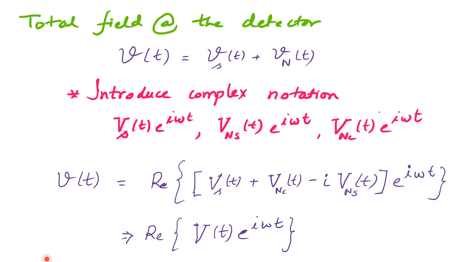Even though my signal and my noise, everything that I detect on the detector, is real, I introduce this complex notation only as a mathematical ease. One can do the whole analysis considering everything being real, but there is a certain ease with which one can accomplish multiple tasks and multiple ways of looking at the signal and noise using the complex notation. You will see the benefit of it as we go along.